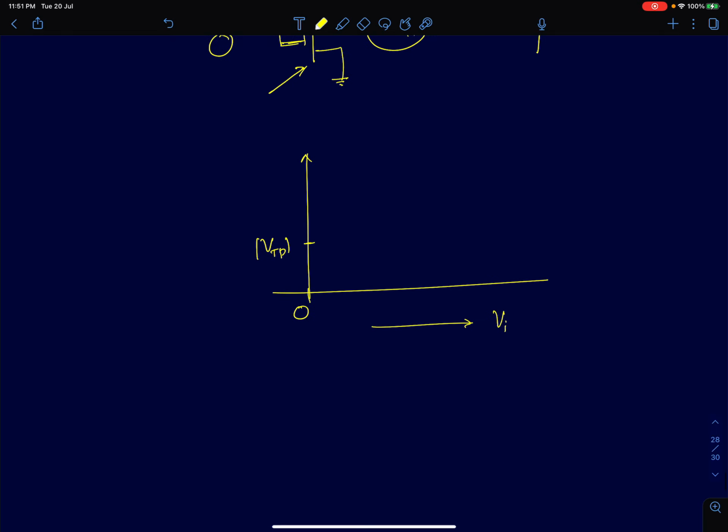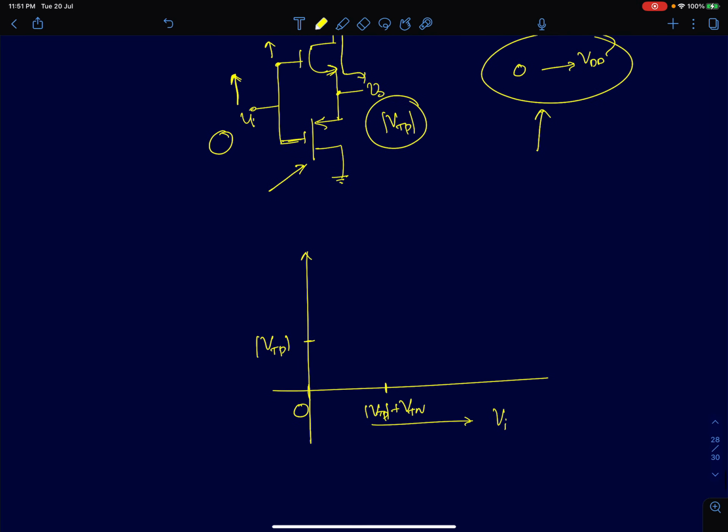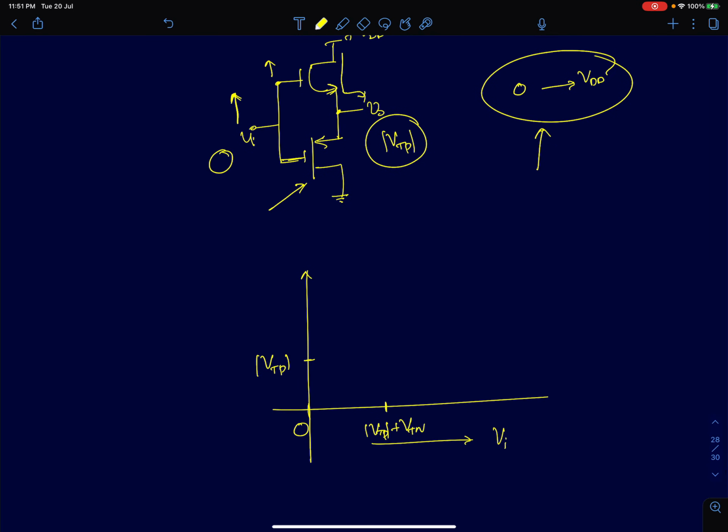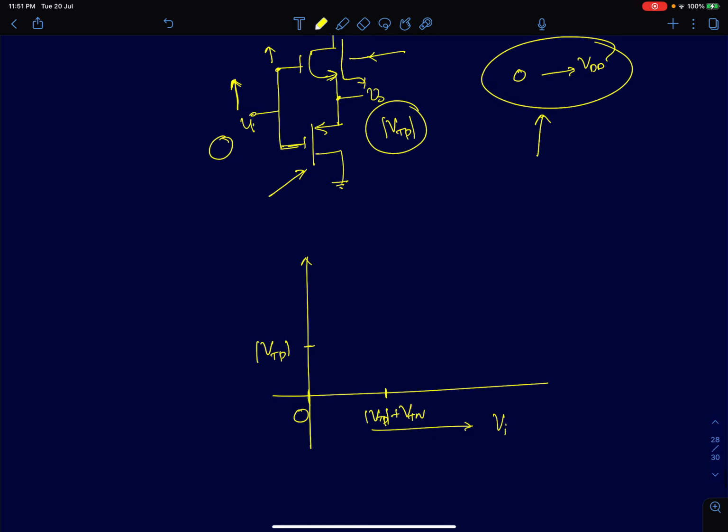So if your input is starting from 0, only when your input reaches mod VTP plus VTN does the output start to increase, because the NMOS device here starts conducting. Until then it will stay at mod VTP.